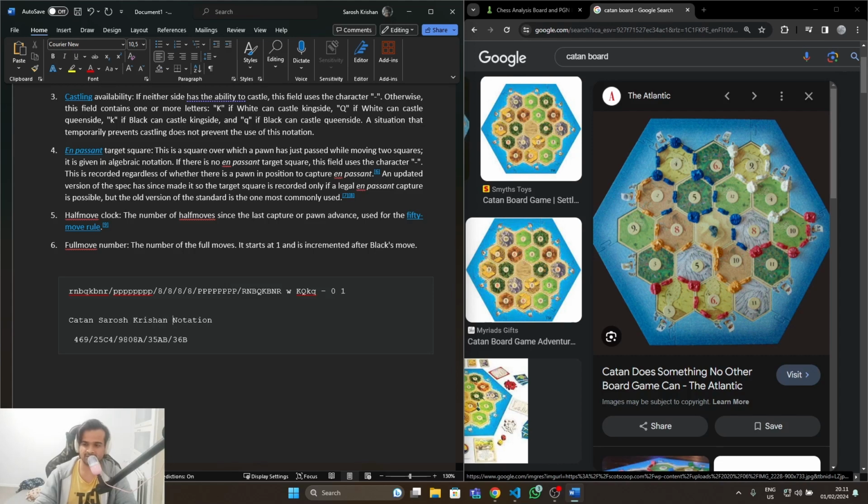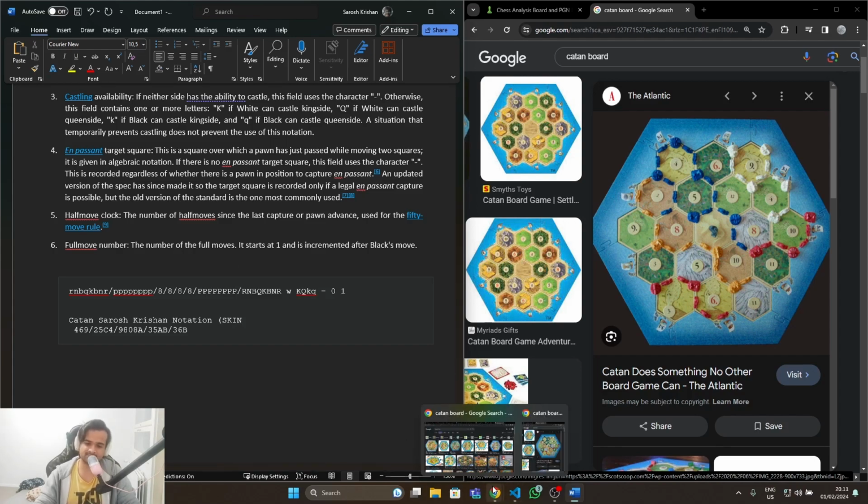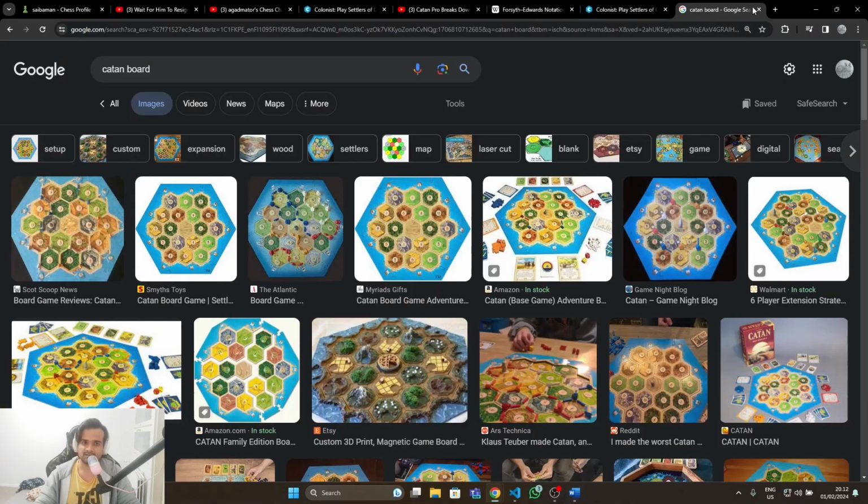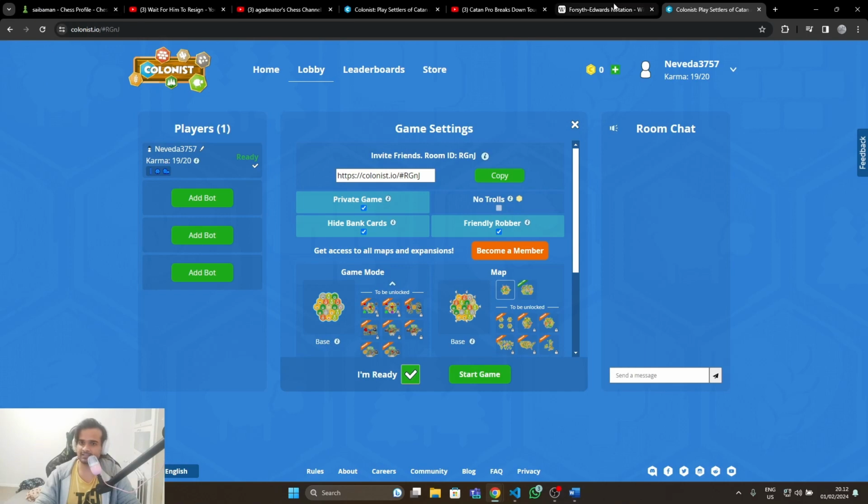So can we call it the SKN or the skin notation? I like the sound of that. The skin notation. Or we can do the nicer thing.